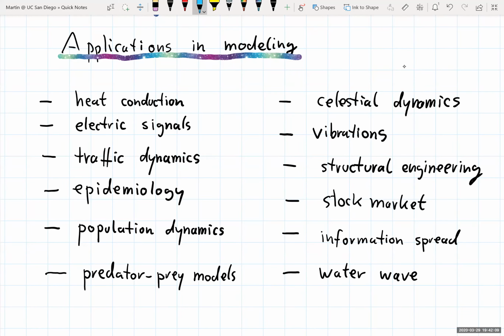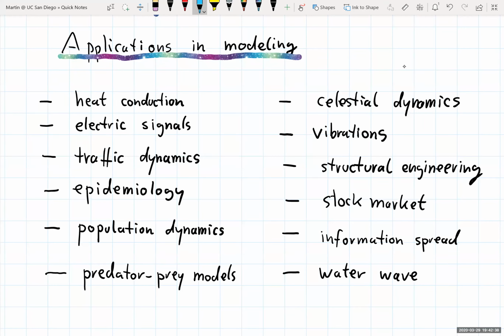If you've got, for example, a heated body, then it's going to evaporate heat. For example, if you throw a hot piece of iron into cold water, then the iron is going to cool down, and the rate of heat transfer from the iron into the water can be described by a differential equation, where the function is the heat of the iron.